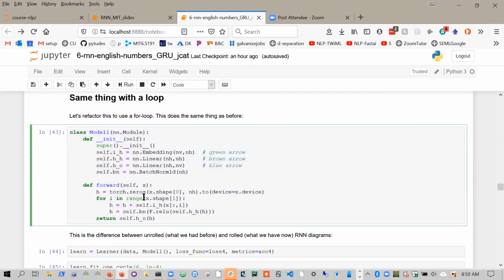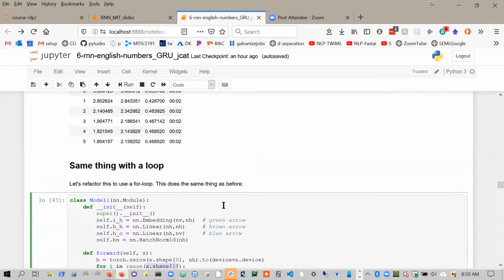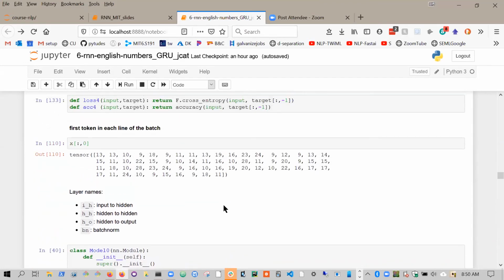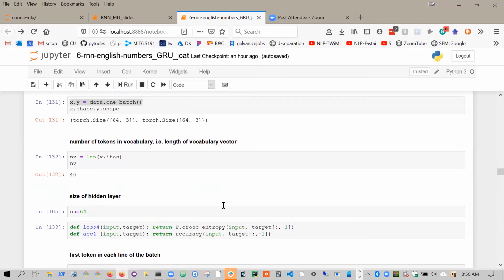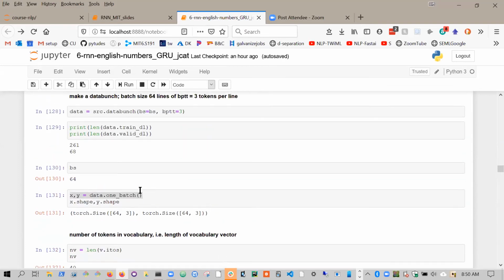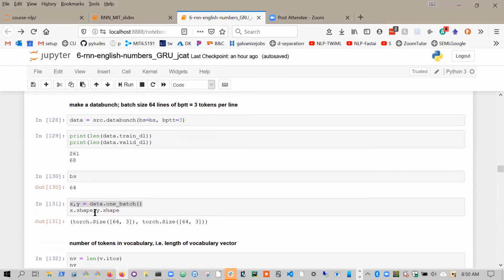He loops through the number of batches. Sorry, not the number of batches. Let's go back up here. Here's the x shapes. Not the number of batches, the number of tokens in each batch.